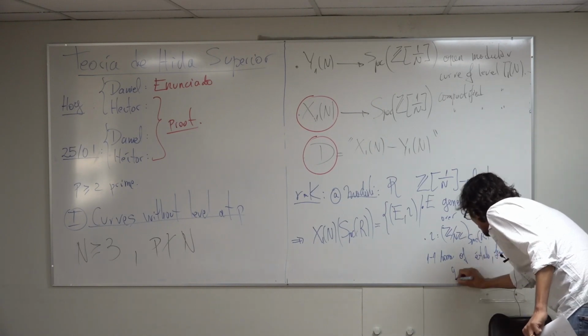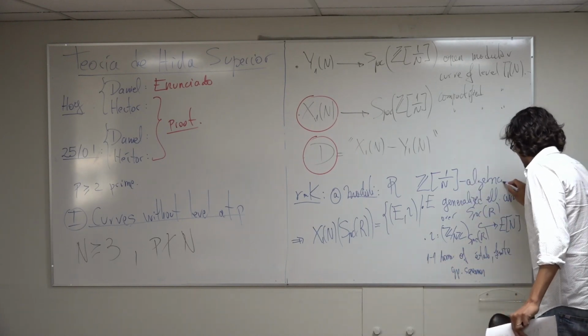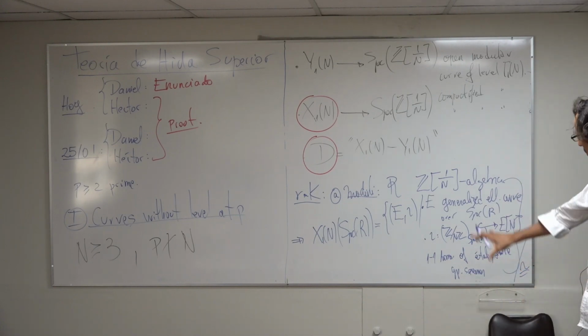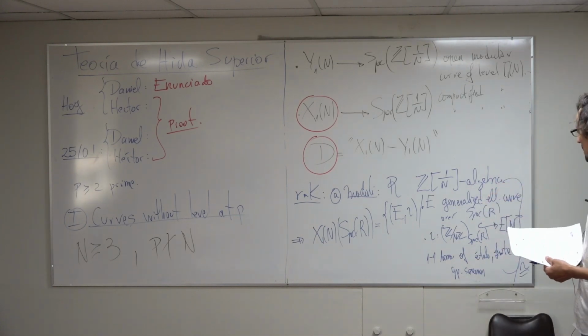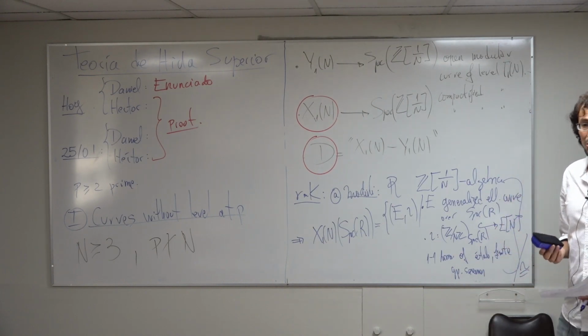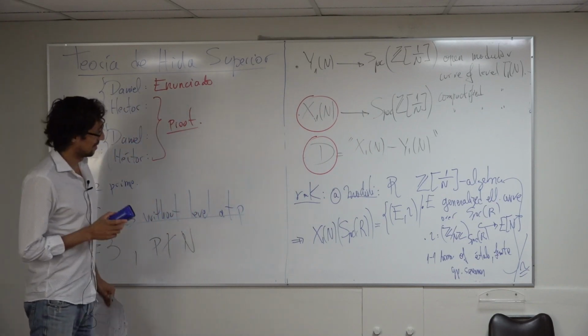So you parameterize that modulo isomorphisms, of course. That is the moduli problem satisfied by this curve. That is more or less what Javier introduced last time. That is the first remark about these curves.